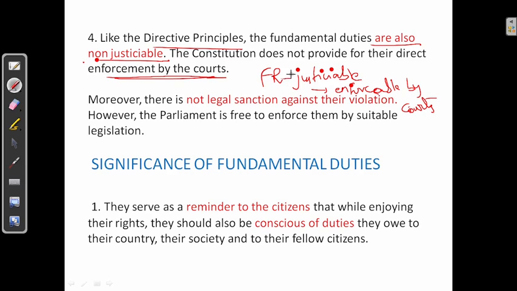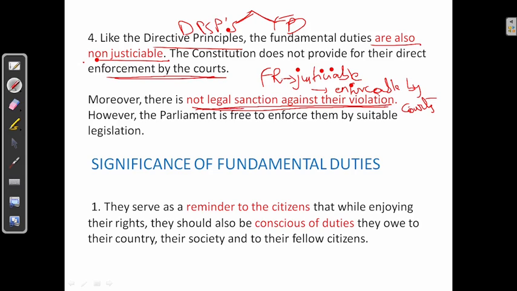Fundamental rights are justiciable and they are enforceable by courts, but DPSPs and fundamental duties, they both are non-justiciable and not enforceable by the court. Moreover, there is no legal sanction against their violation.